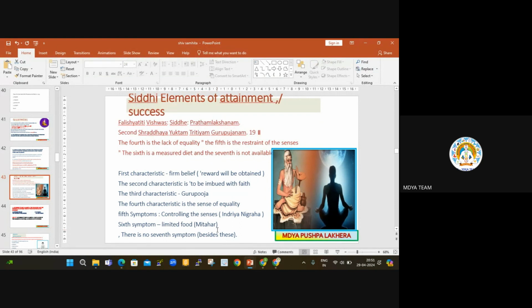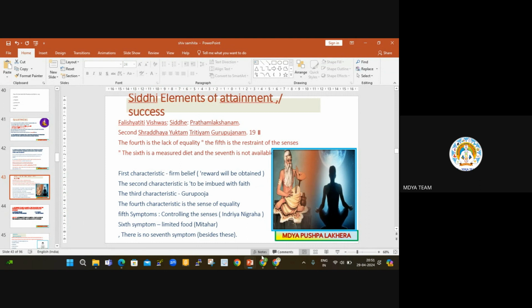Here they only said that you have to take a moderate diet so that it will be good for your health and easy to achieve success. So these are the 6 things. No 7th thing is present. If one develops these 6 characteristics, then one will attain success or siddhi. Okay, are all of you clear about this?